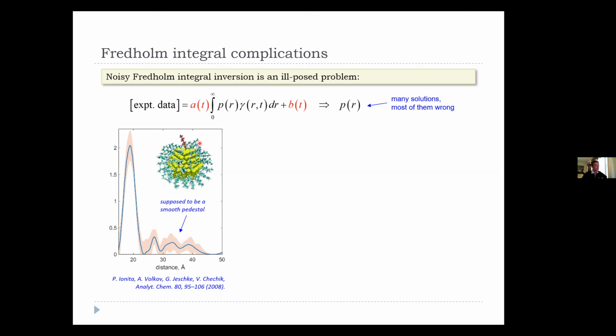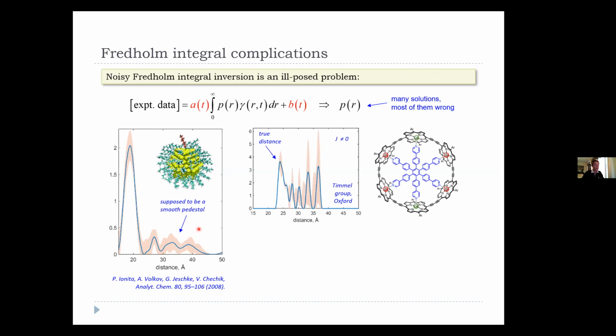If you do the statistics of how a pair is to be distributed on the surface of such a nanoparticle, it is supposed to have a peak and then a smooth pedestal. And as you can see, the standard regularized processing corrupts this pedestal.